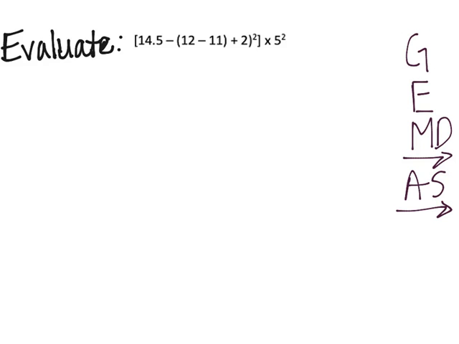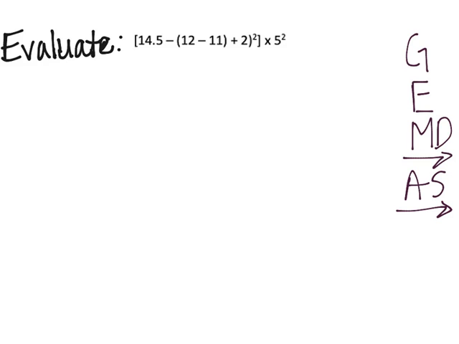So when I look at this expression, it says open bracket 14 and 5/10 minus open parentheses 12 minus 11 close parentheses plus 2 close parentheses squared close bracket times 5 squared.